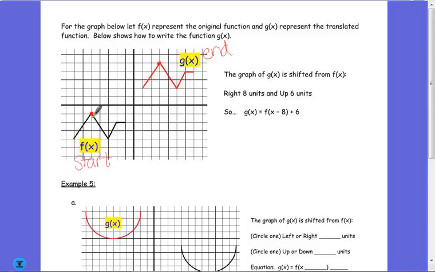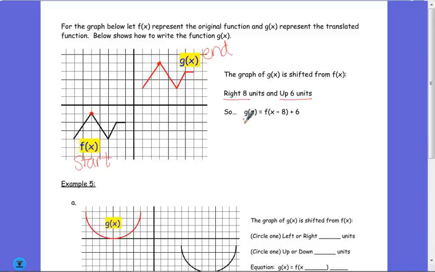So if I start here, I have to go to the right. 1, 2, 3, 4, 5, 6, 7, 8 spots. That's why I wrote down right 8. Then I have to go up 1, 2, 3, 4, 5, 6 spots. So the difference is we play fill in the blank, but we don't use y's and absolute value bars because these are not absolute values.